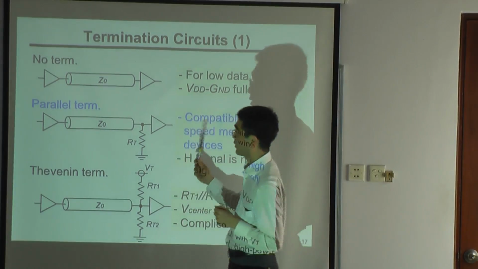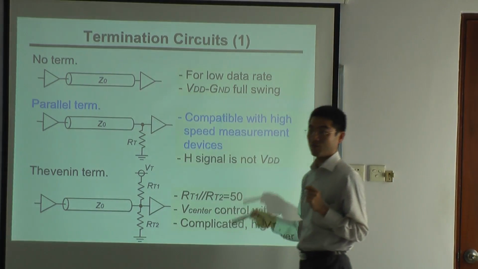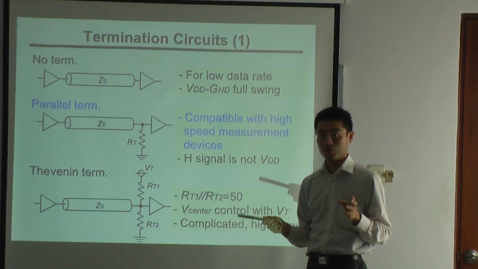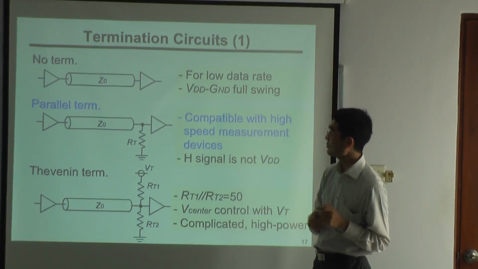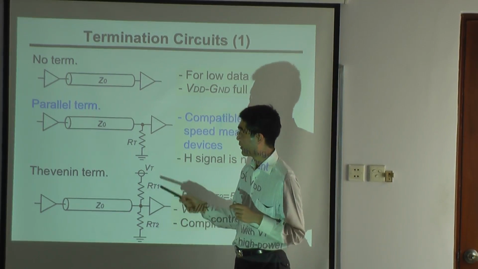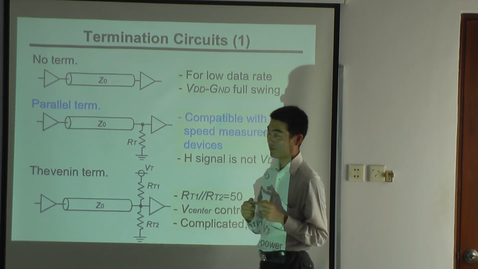So there are many kinds of termination. One is no termination, but we can use it only for low bit rate signals. And for the parallel termination, we have RT, which is terminated to ground.